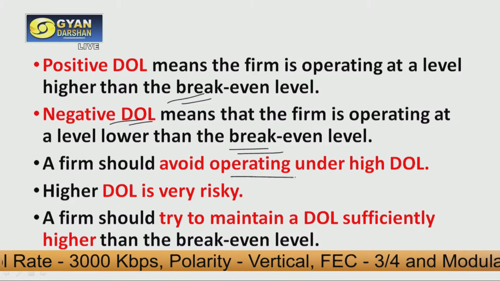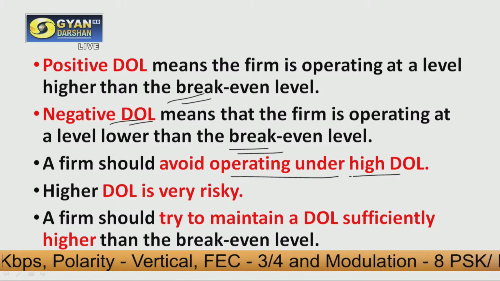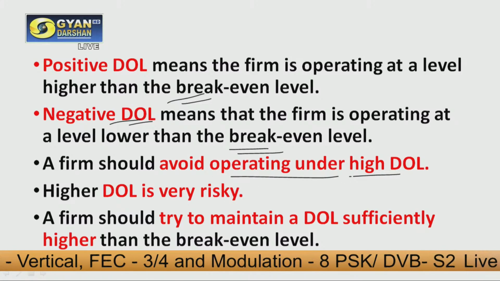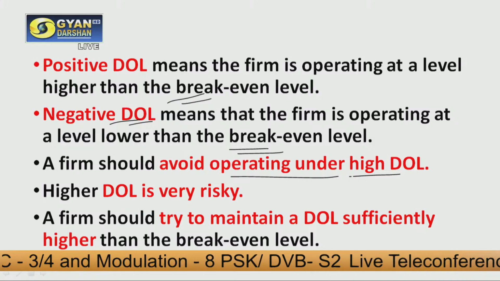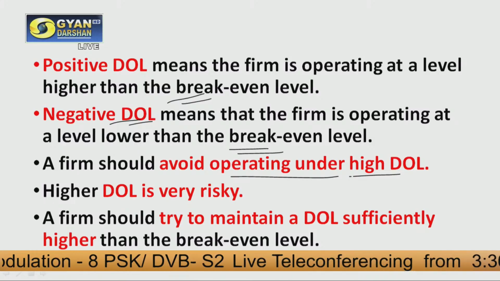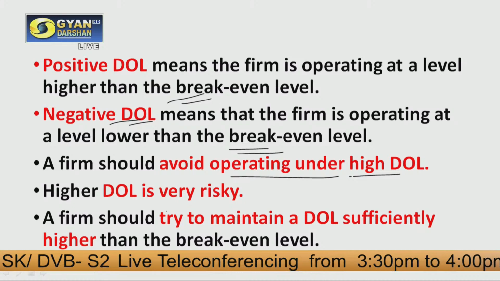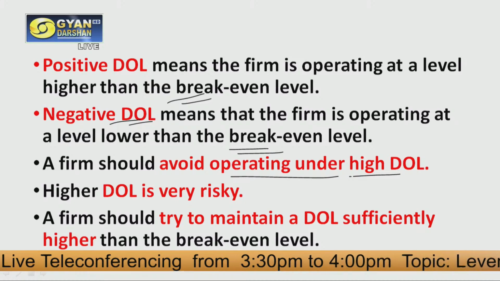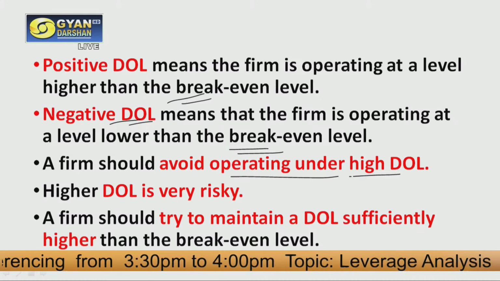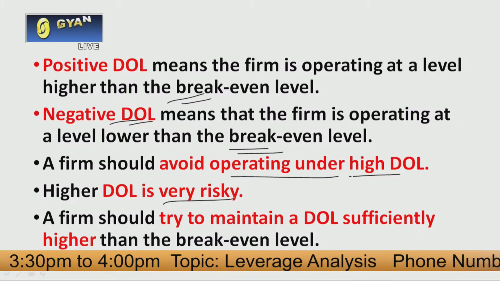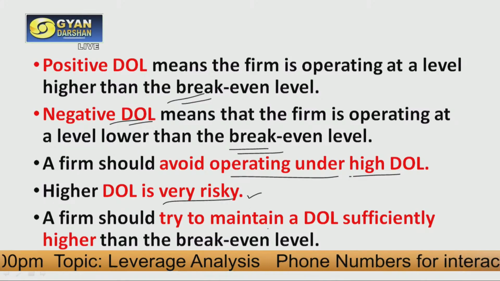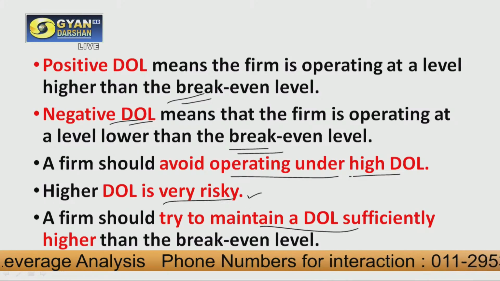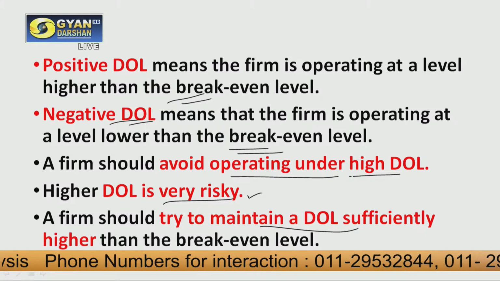And the firm should avoid operating at high operating leverage, because in that case they are impacted a lot because of this fixed cost. Higher operating leverage is very, very risky, and they should try to maintain degree of operating leverage sufficiently higher than break-even level, but not very high as compared to break-even level. So this was about operating leverage.